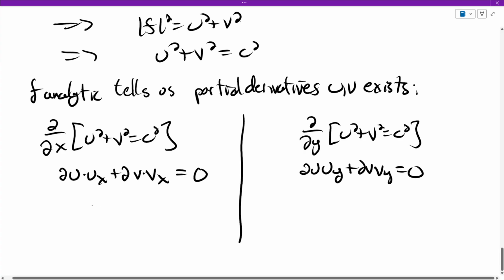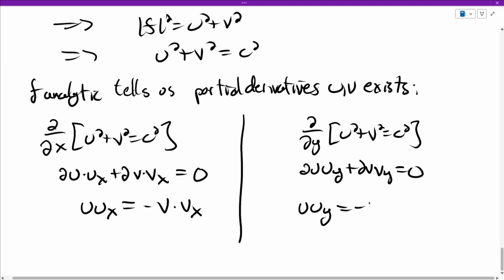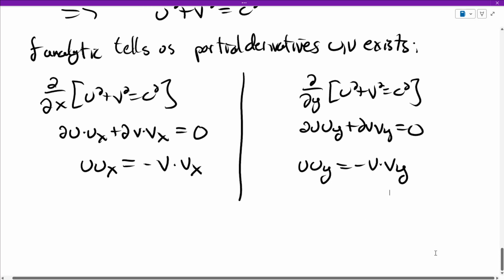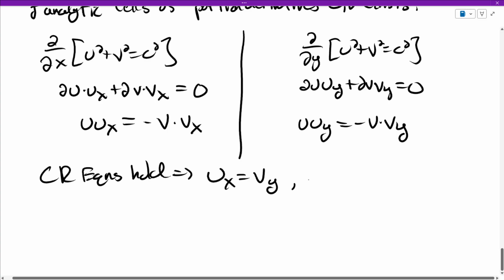And so if you solve both of these, what you're going to get is u ux, u times the partial derivative with respect to x, is negative v vx, and u uy is negative v vy. Great. So this is what we have. And now we know that the CR equations hold because f is analytic. So this tells us then that ux is vy, and negative uy is vx.